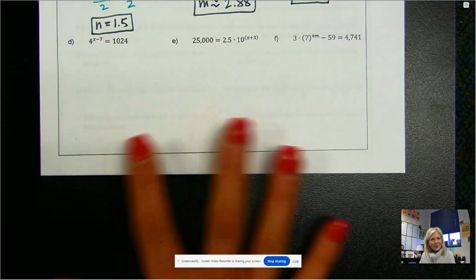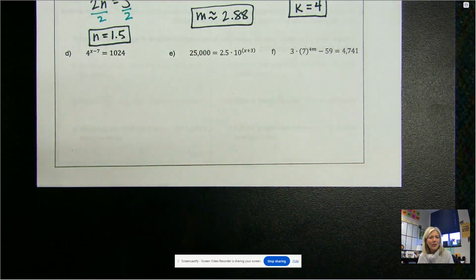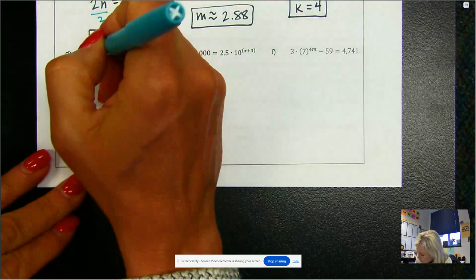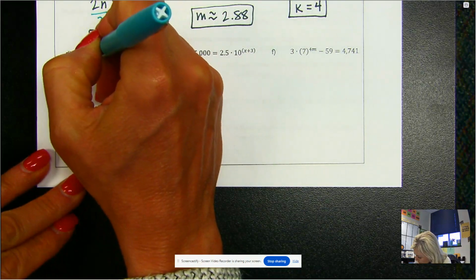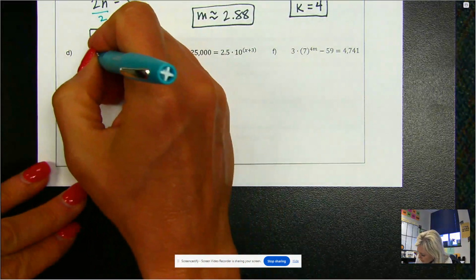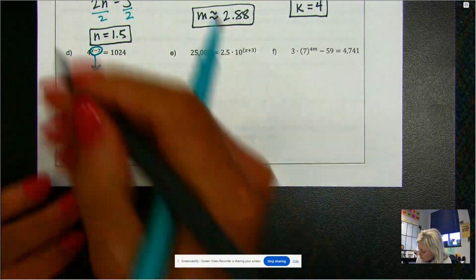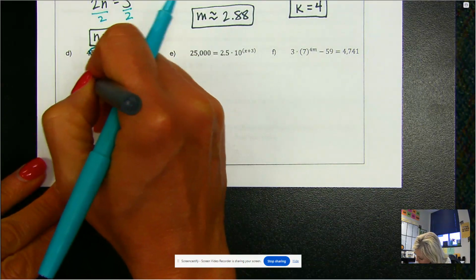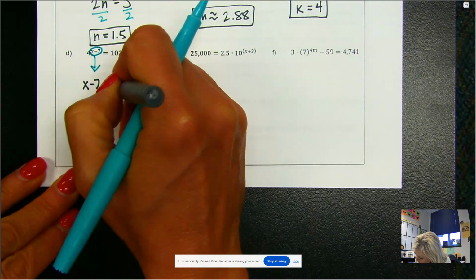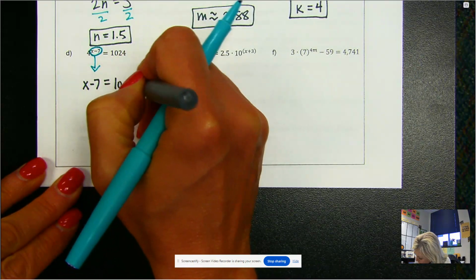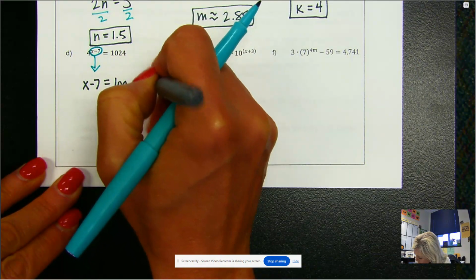All right. Next, 4 to the x minus 7 is equal to 1024. I'm going to go ahead and switch this to log form by bringing down the exponent, the entire x minus 7. It's equal to the log base 4 of 1024.